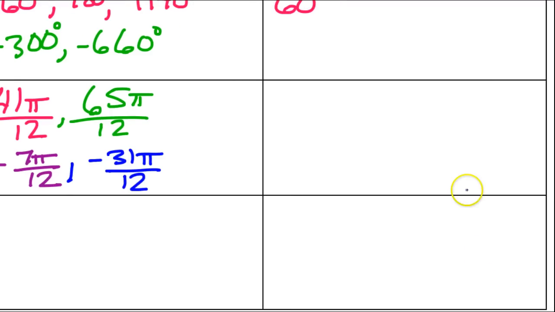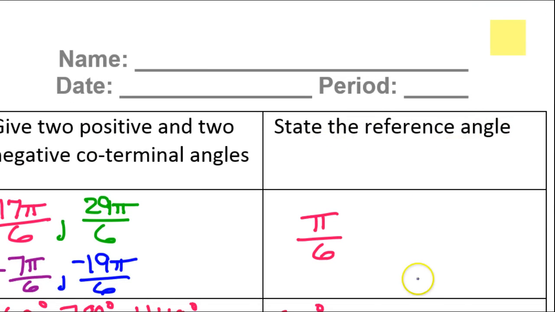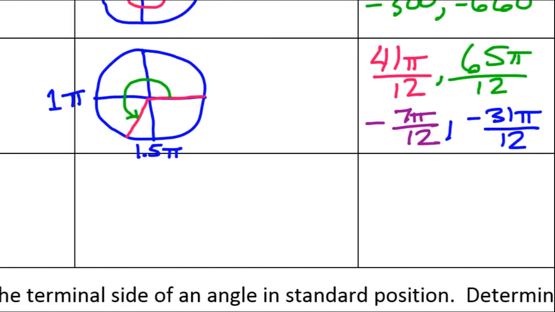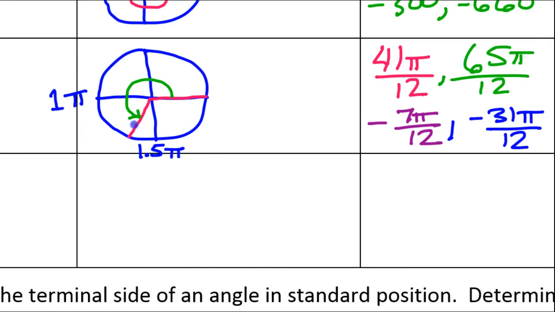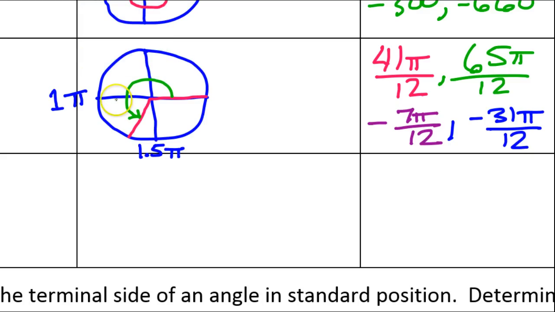Now all that's left is we are now supposed to find the reference angle. The reference angle is always the angle that's measured from the x-axis. So in other words, this is the reference angle right here that I'm coloring in yellow. Okay, this is the reference angle. So that's what we are trying to find.